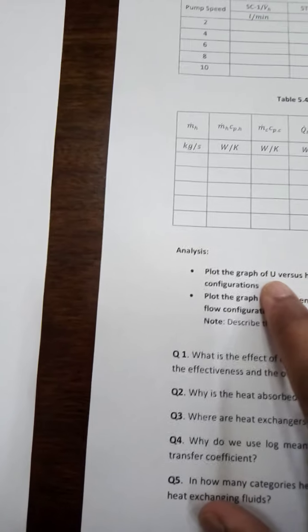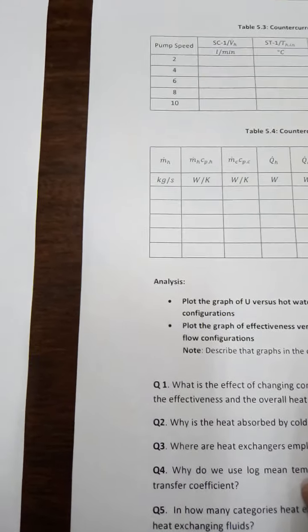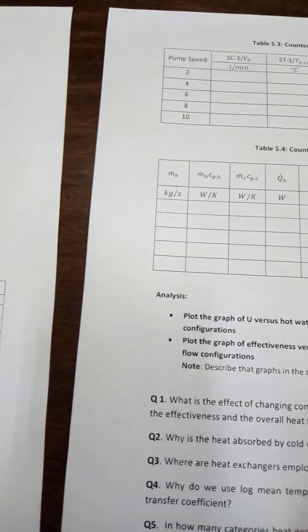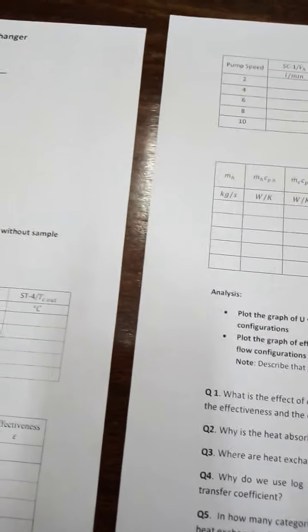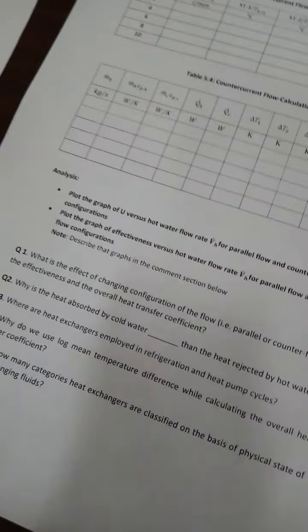You will have to plot the graph of U versus hot water flow rate and then effectiveness versus hot water flow rate. Then at the end we have given different questions. You will have to answer these questions from 1 to 8 in detail. Each and every student has these 8 questions here.